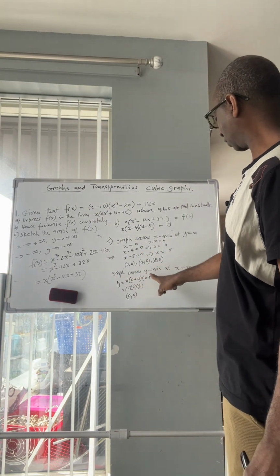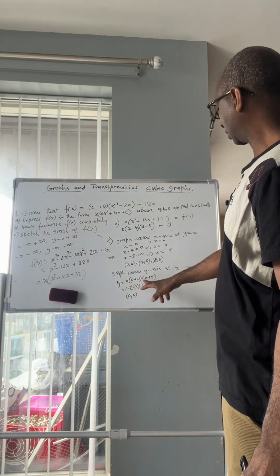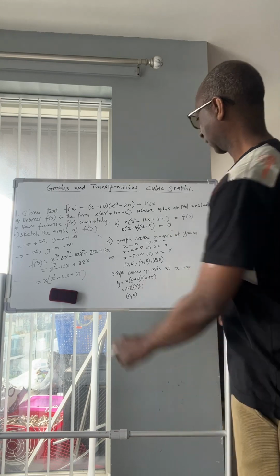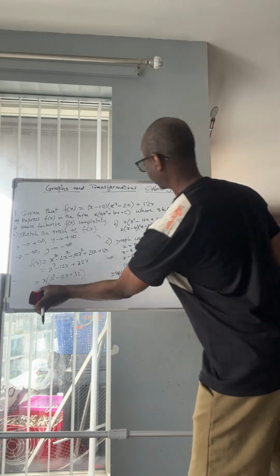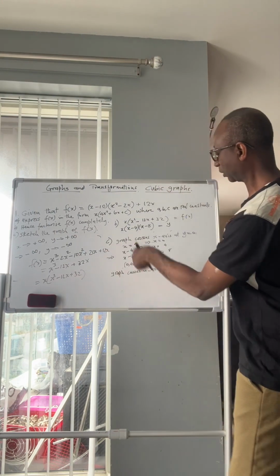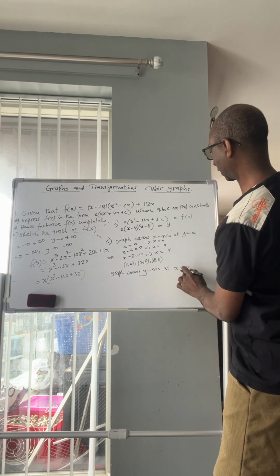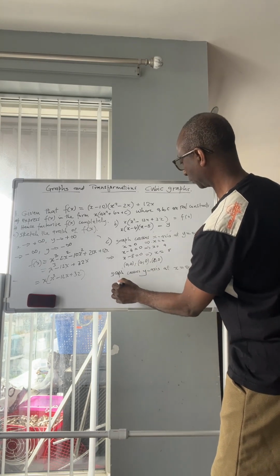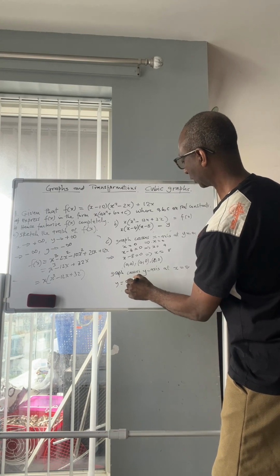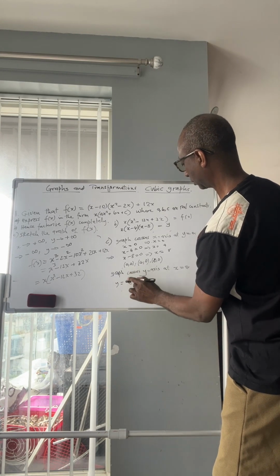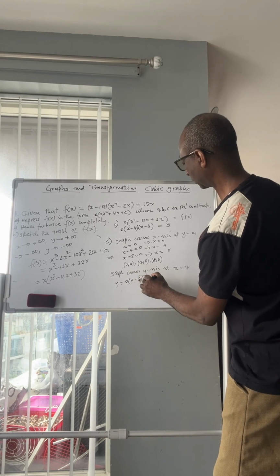Now the graph crosses the y-axis at x equals 0. So if you have y equals, this is now going to be 0 times 0 minus 4 and 0 minus 8.